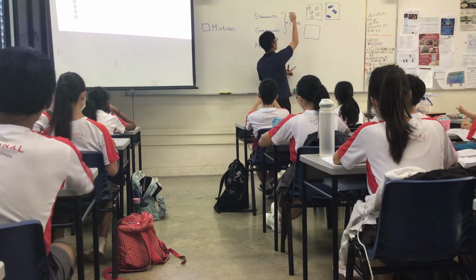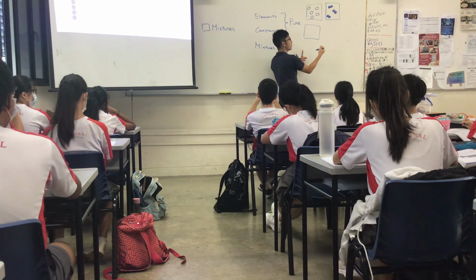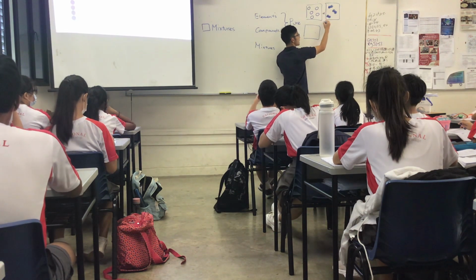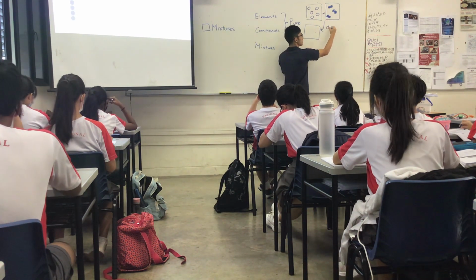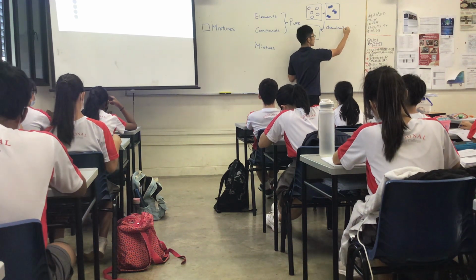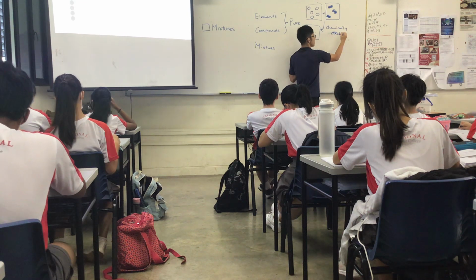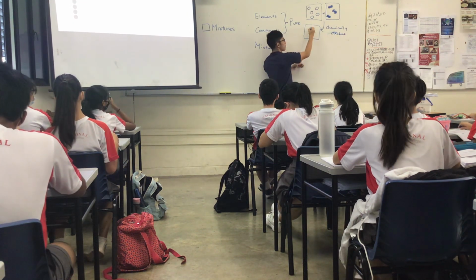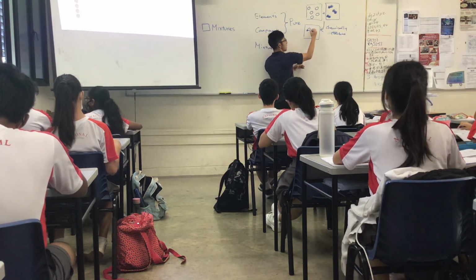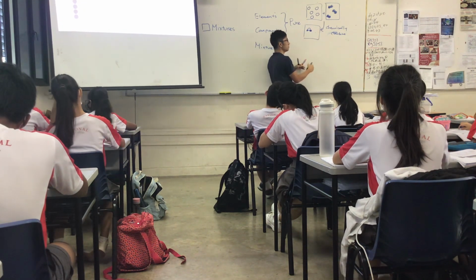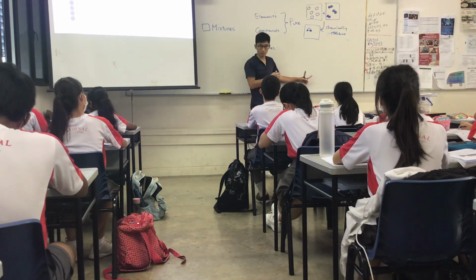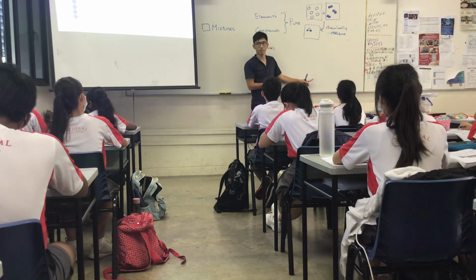Compounds are a little bit different. Let's say I combine these two together and they chemically react with each other. Chemically combine. And maybe I get something that looks like that. As long as you find in the molecule more than one type of atom, you have a compound already.